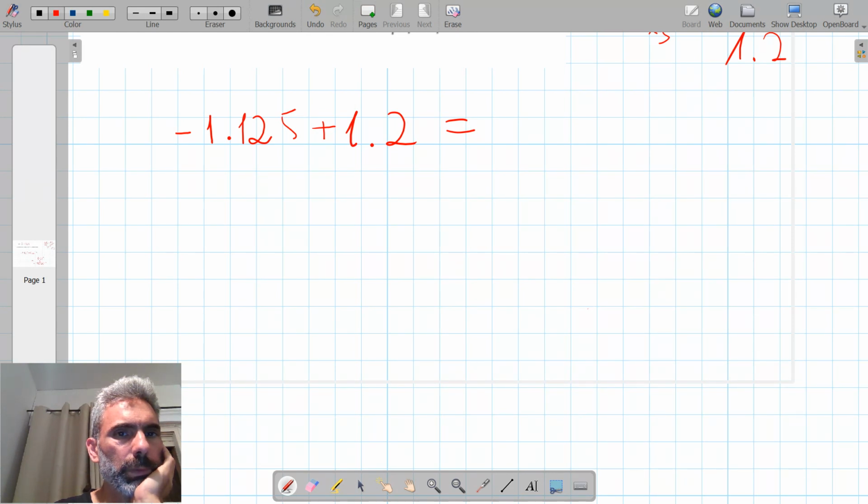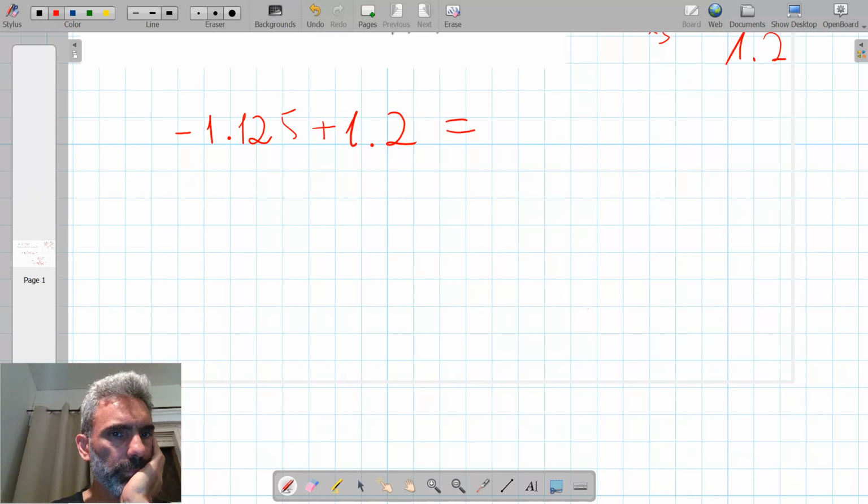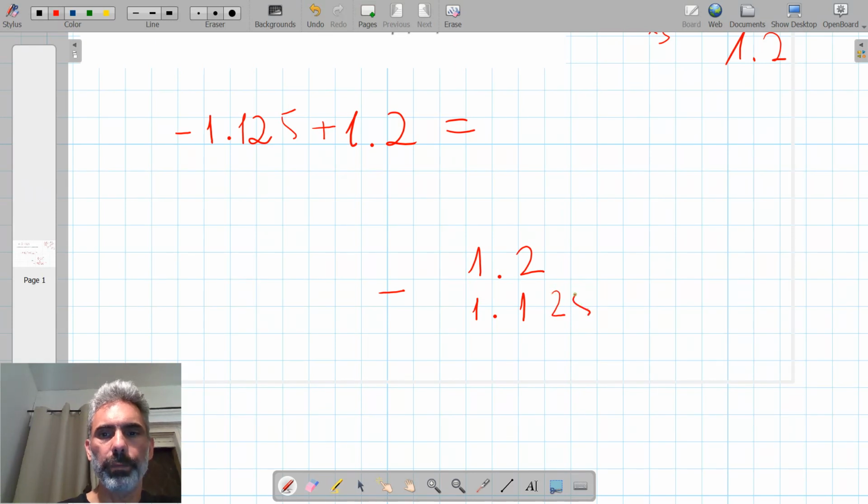So the result will be positive because 1.2 is greater than minus 1.125. And the answer is the distance or the difference between these two numbers. So I need to find out how much is 1.2 minus 1.125.